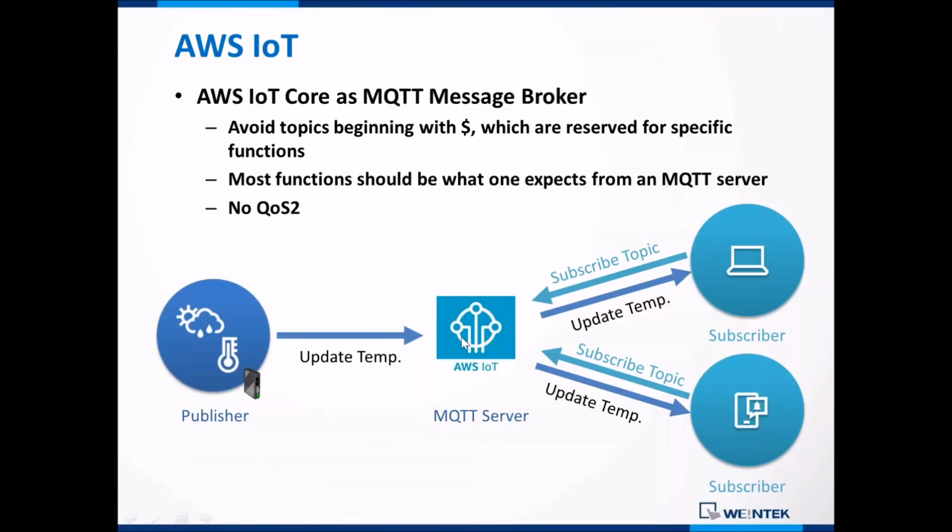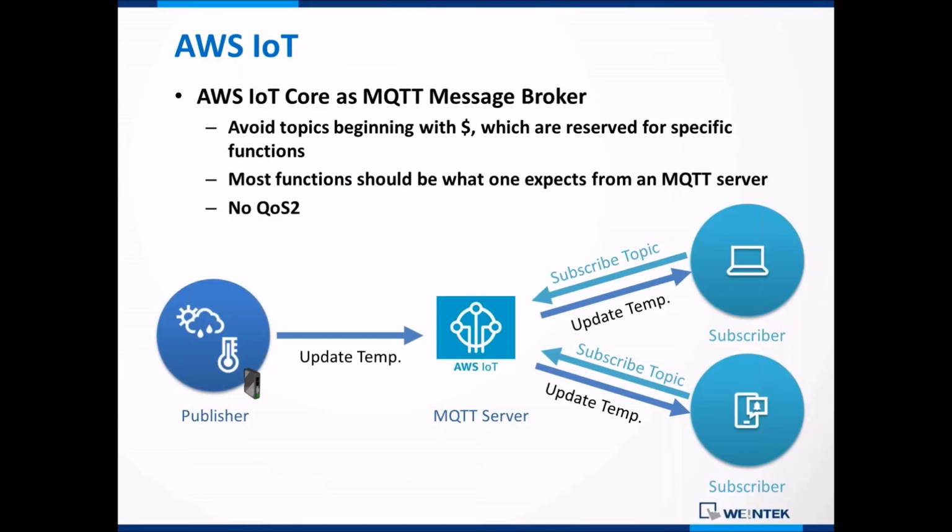So you can do regular subscription and regular publishing to exchange data between different devices, just subject to some restrictions like the QoS or some reserved topics. But otherwise, it should function more or less like an MQTT server.